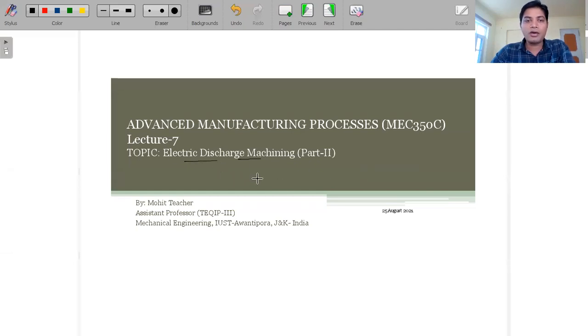Today in this lecture we are going to discuss how the material removal mechanism takes place, how the material is exactly removed. As we saw in the last class, in electric discharge machining an electric spark is generated, and we are using a dielectric fluid.